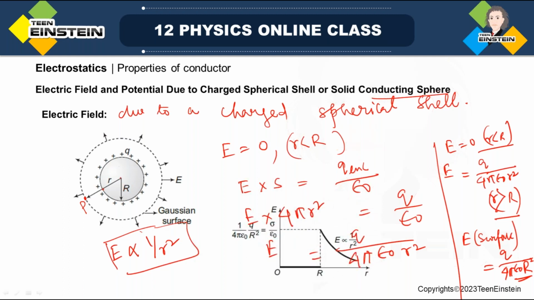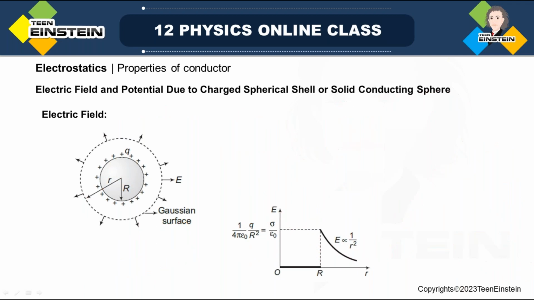So if I draw the electric field, on the surface it is Q by 4 pi epsilon naught R square, as I said. This is the surface, and inside that it is 0. After the surface there will be a variation of 1 by r square, for r greater than R. So the electric field varies as 1 by r square outside, and inside it doesn't vary, it is 0.